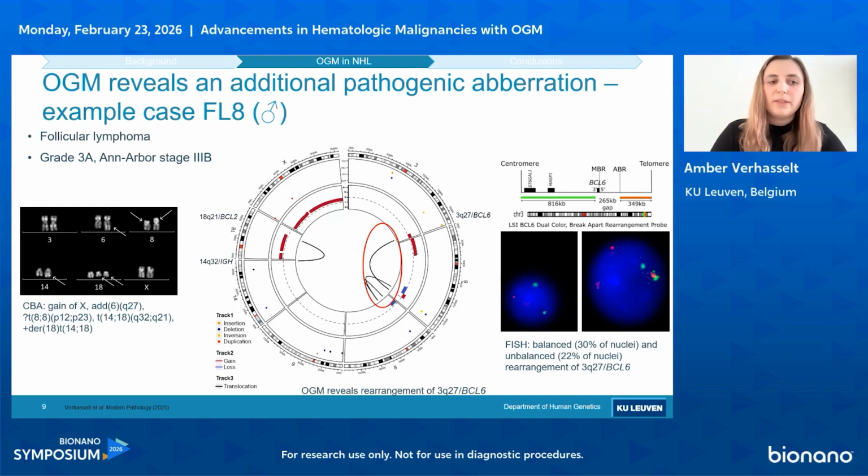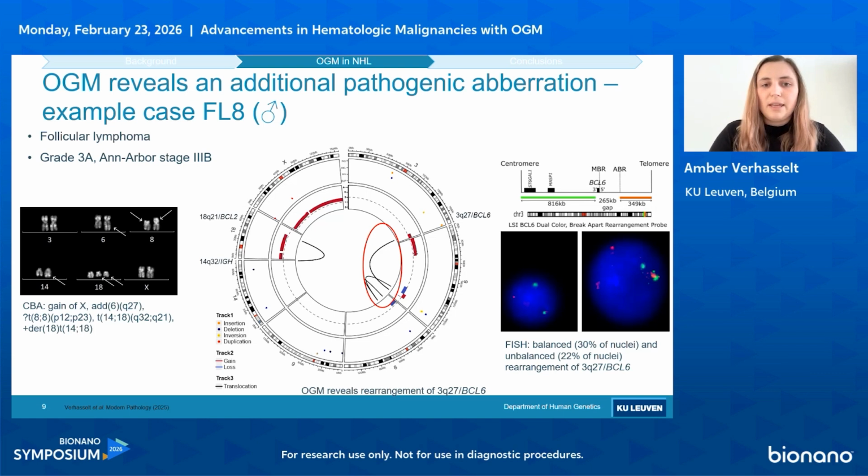So we can assume that this additional material on 6q that we saw before was actually this rearrangement with BCL6. And BCL6 rearrangements are recurrent in follicular lymphoma, mostly in the more aggressive type, so grades 3A and B. But we wanted to be sure that this aberration was real, so we confirmed it with FISH.